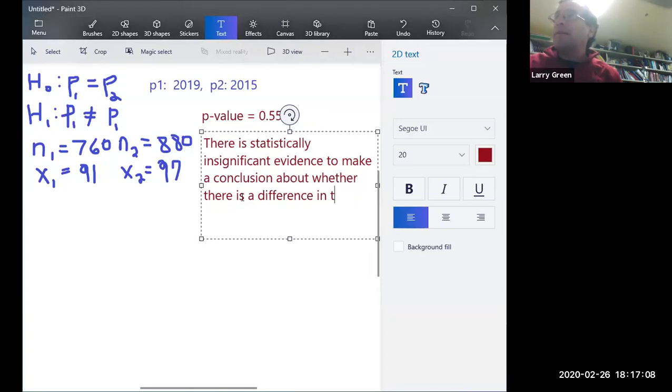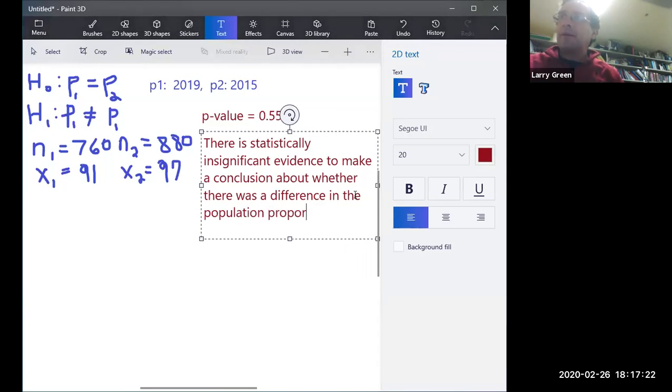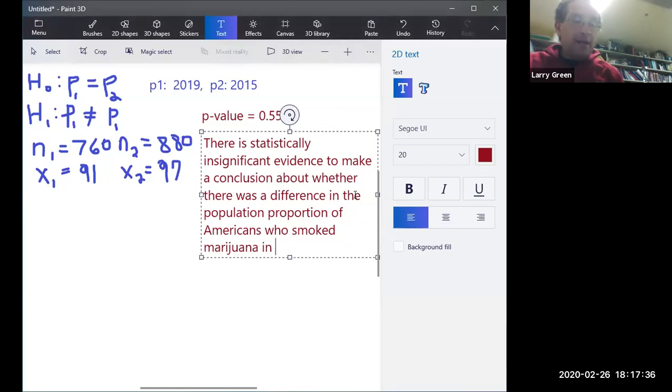Maybe there was, because we're talking the past, in the population proportion of Americans who smoke marijuana in 2015 and in 2019.